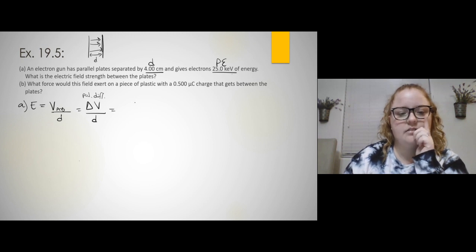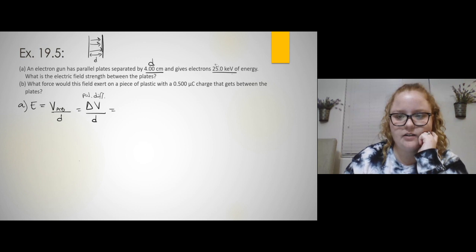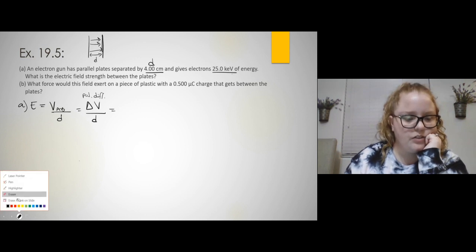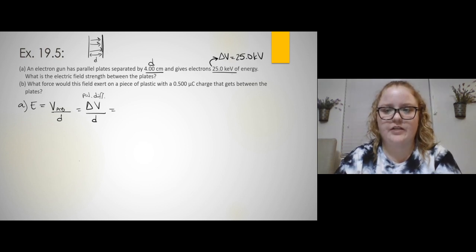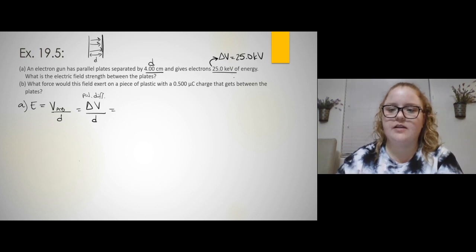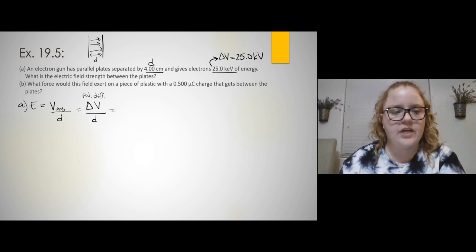Okay. I mislabeled this up here. That is our voltage. Okay, so this tells us we have 25 kilovolts. So using that information, we can find our electric field strength.